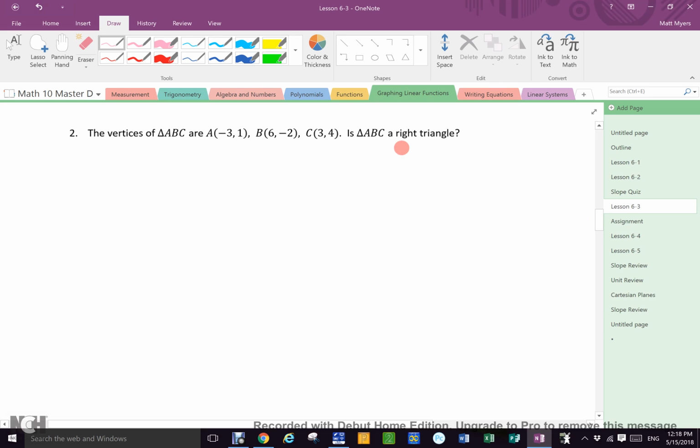If it's a right angle triangle, then what must 2 lines do? They must be perpendicular, which means to do this question, we must check 6 slopes, correct? So we have to check the slopes at AB, BC, and AC. It's a big pain, right? Can any of you think of a way to lessen our workload?